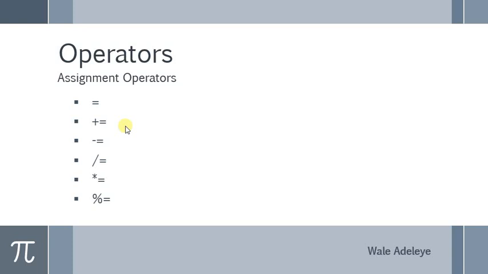And the slash equal to divides your current value by the value you have on the right. And the times equals multiplies the value of your variable by the value you have on the right. And the modulus equals finds the modulus of your variable and assigns that value to your variable. So let's see examples.